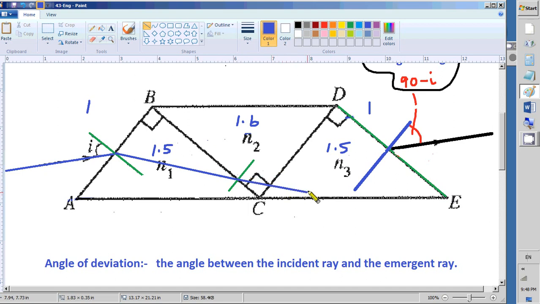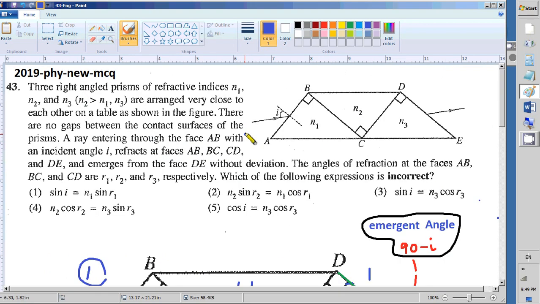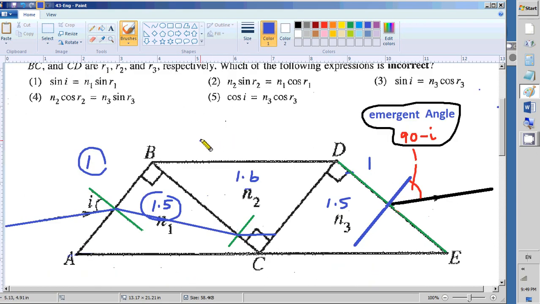So it was heading this way, so a little bit let's turn like this, not much, because here the difference between these two refractive indices is much greater, therefore the turn is greater.